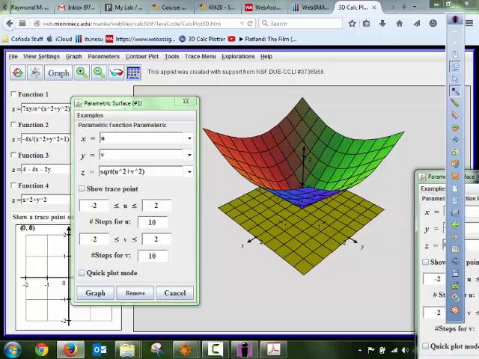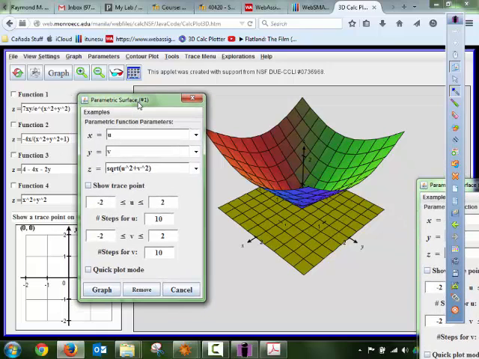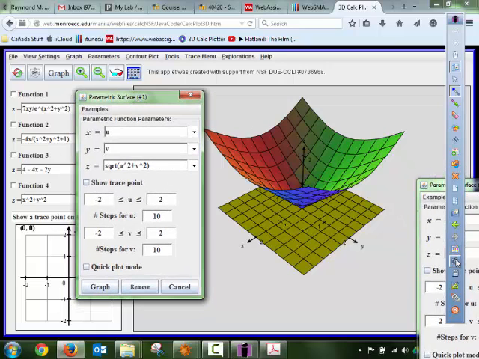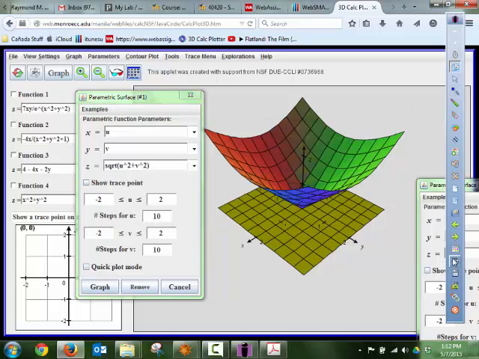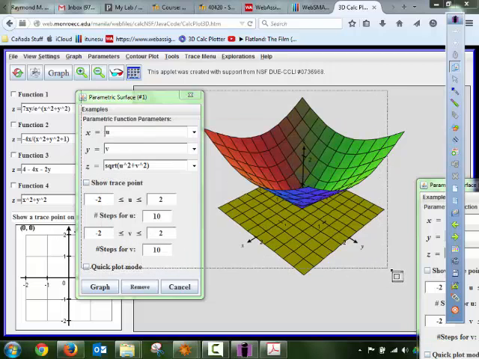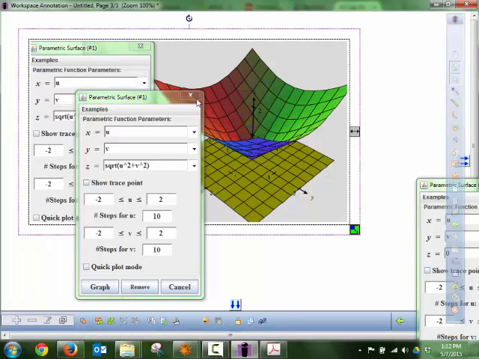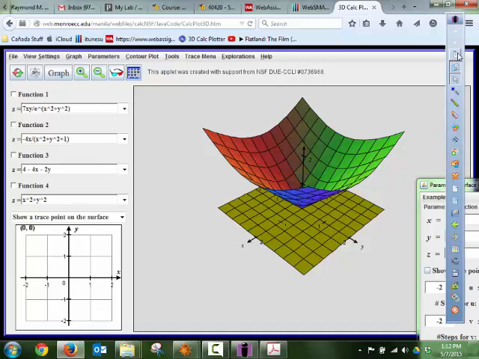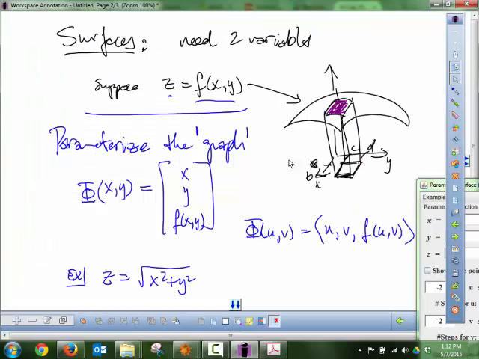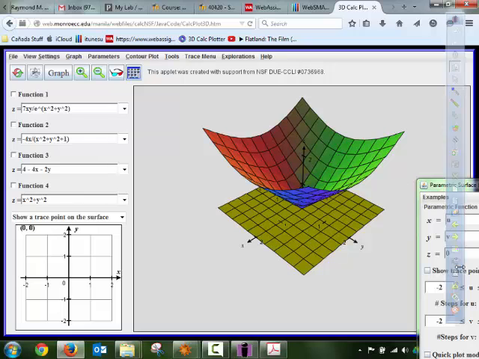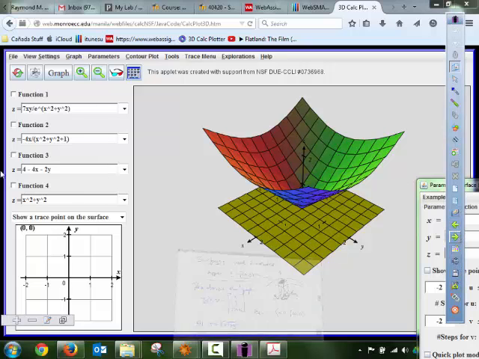So let me take this one out and keep this one here and take a picture of this cool drawing so that we can put it in our notes. I guess this needs to go too. Oops, sorry.